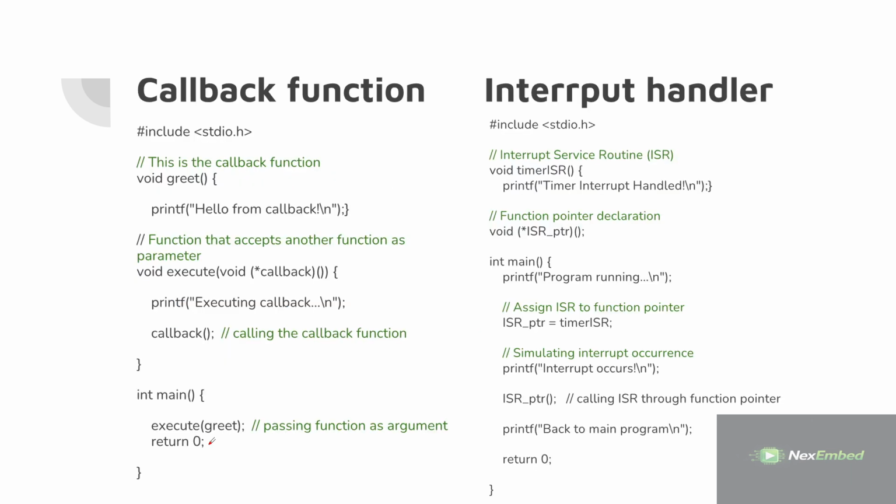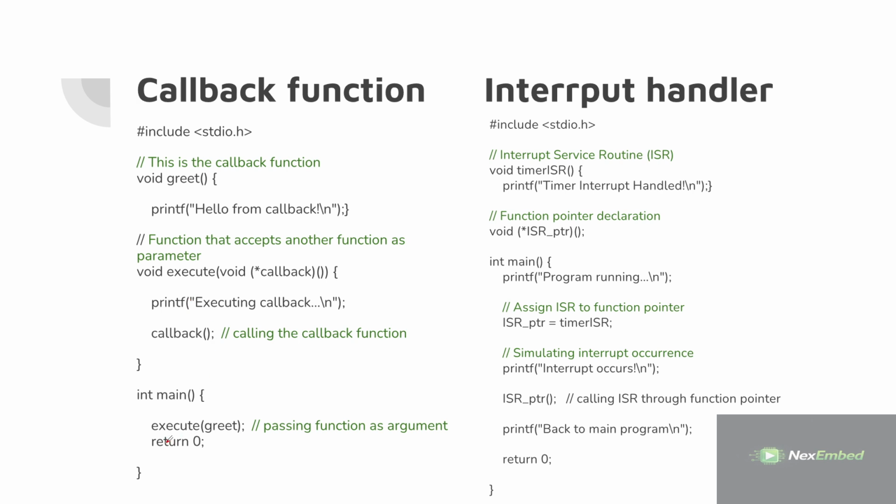Here I have taken a simple example: we are placing a food order and I have given my mobile number, and the delivery partner will call us back once the order is ready. Similarly, the callback function works.